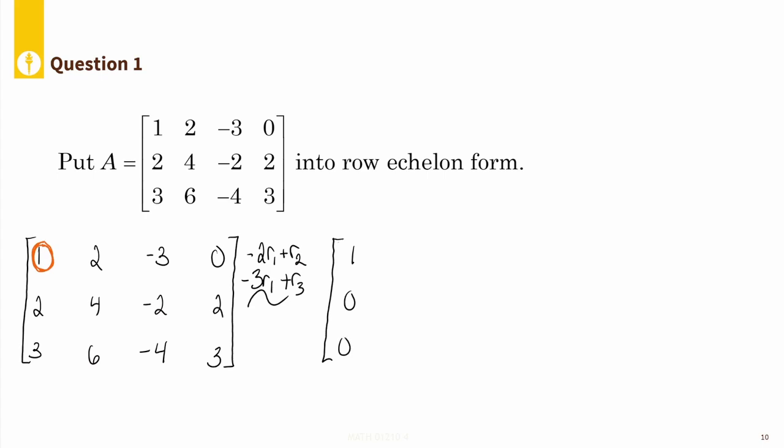First column is easy, 1 0 0. First row is also easy, because we're not touching the first row.